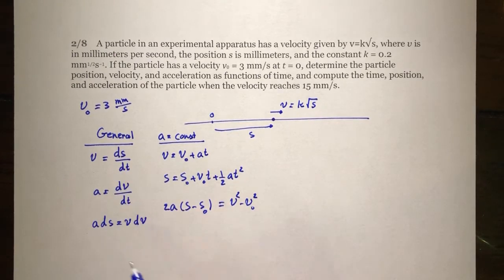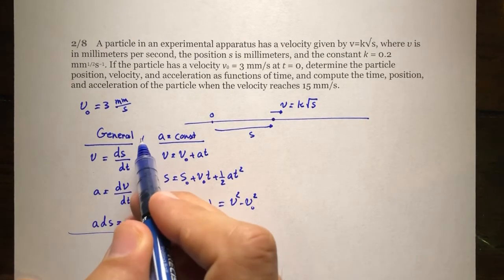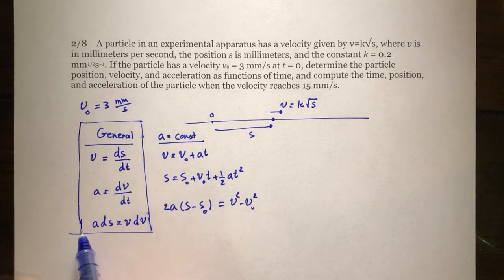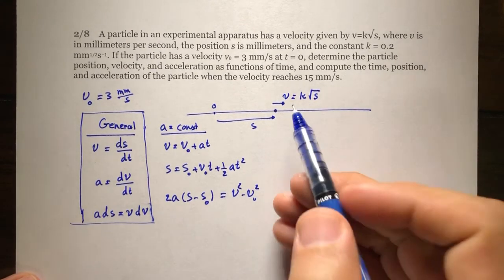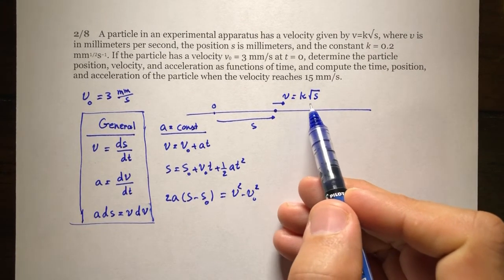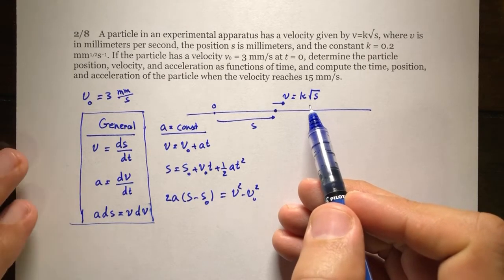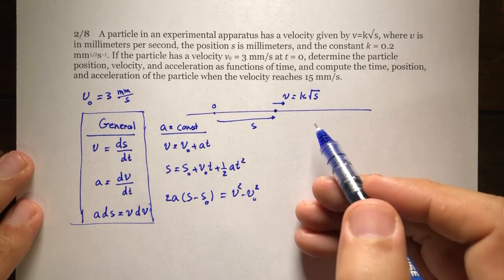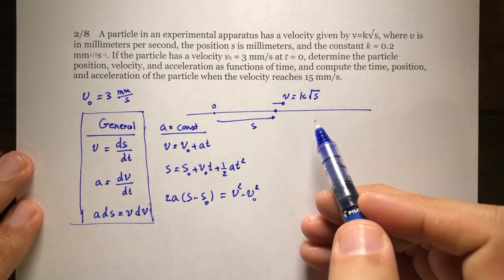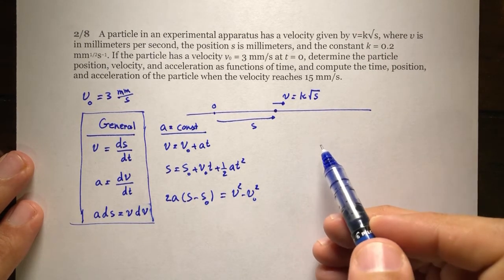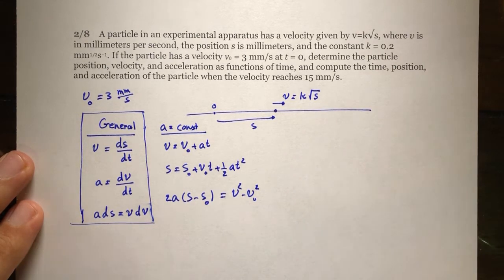So we have to use the general equations. So I'm going to use any of these general equations in this problem. So we know velocity is a function of position, and I'm going to find an equation for position and also acceleration as a function of time.